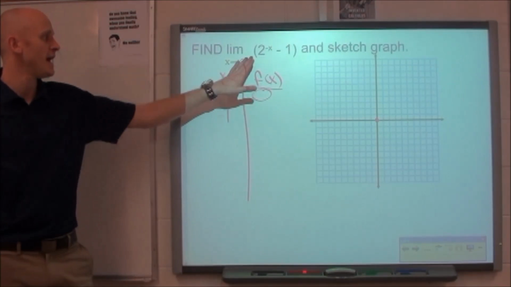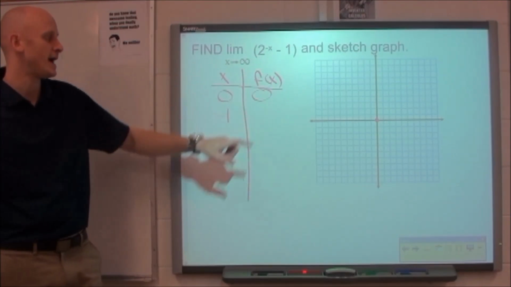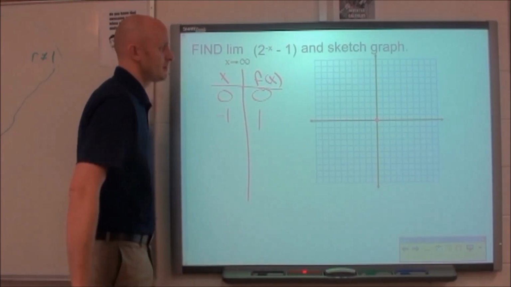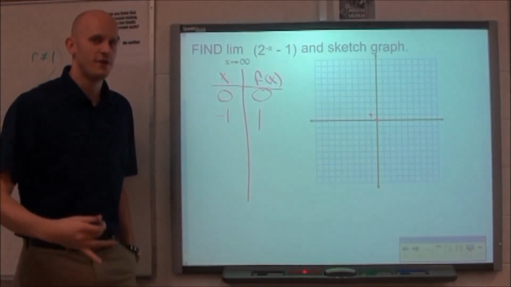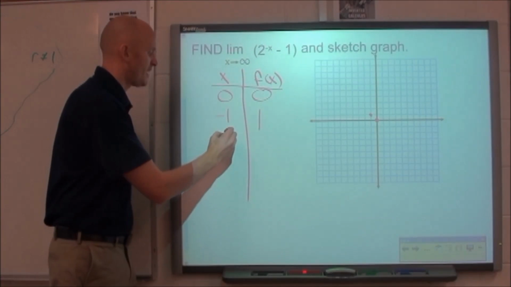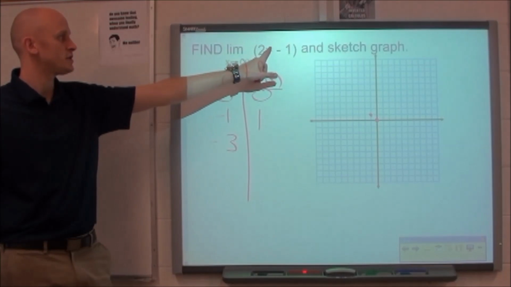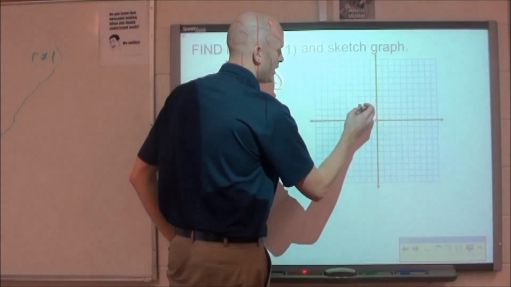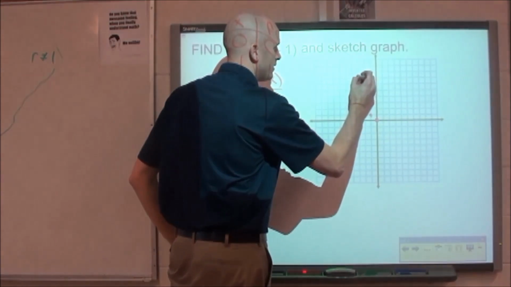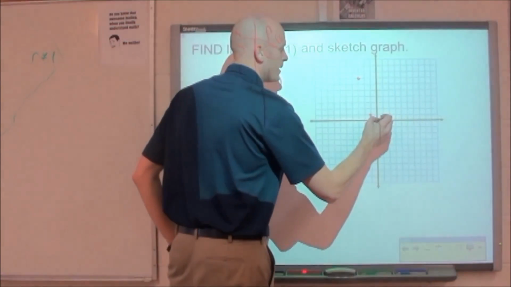If I input -1 into the function, it would be 2 to the first power minus 1, which is +1. Let's pick another negative value to get a better idea. If I pick -3, that is 2 to the third power, which is 8, minus 1, is 7. So at -3, it is 7. That gives us a good idea of what's happening on the left side.